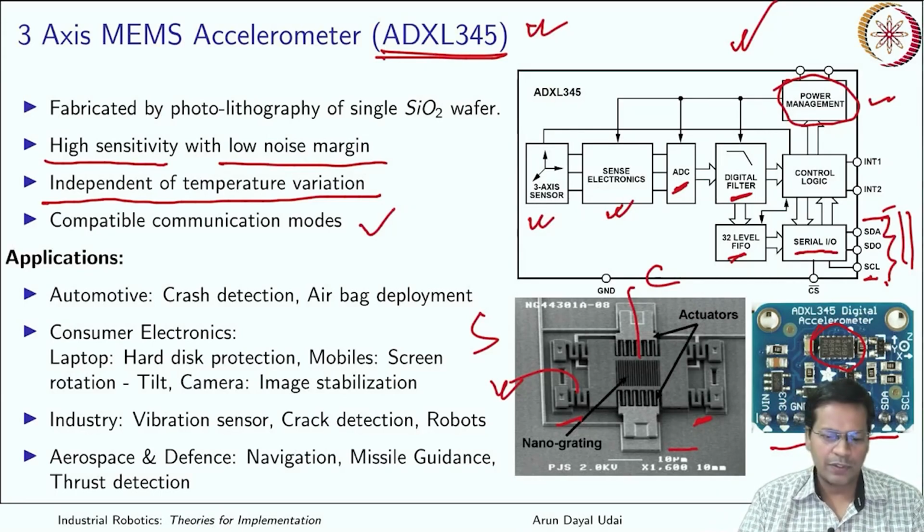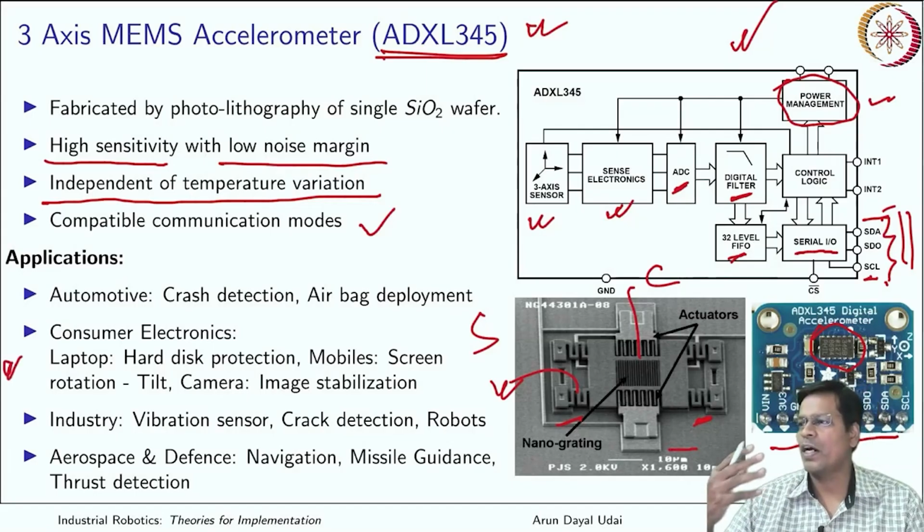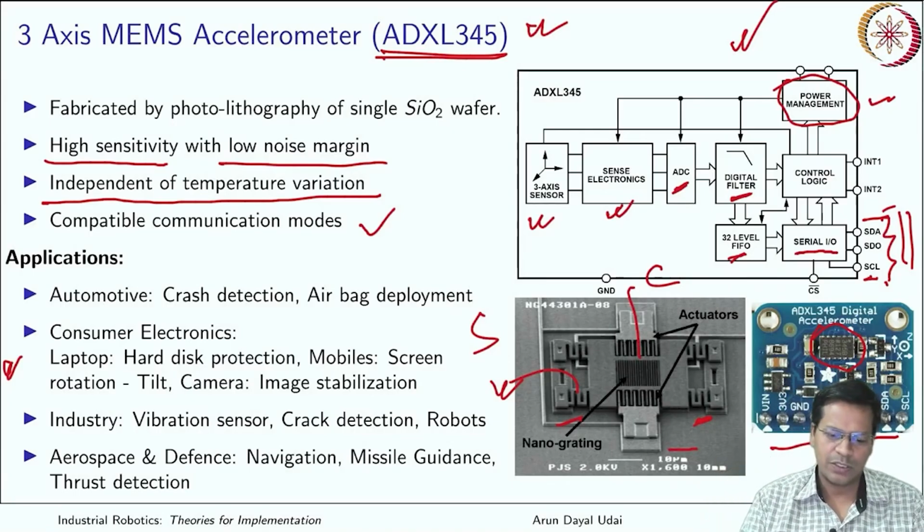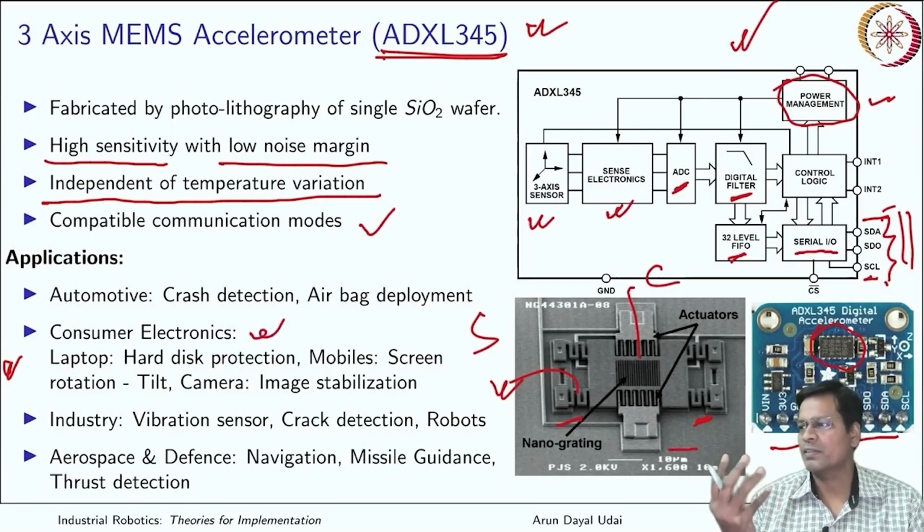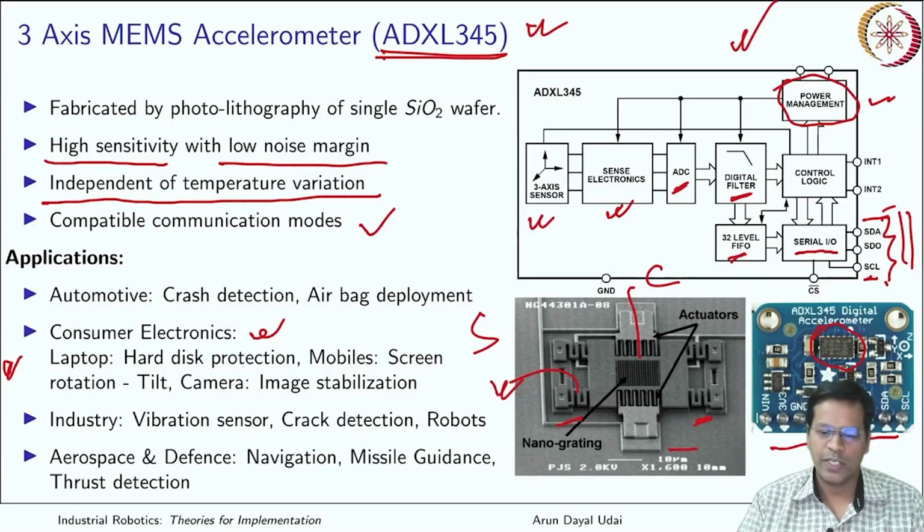Consumer electronics like hard disk crash detection, like if your hard disk slips off from your hand, it has an automatic feature that it will park its heads. Those were the days when there was only hard disk with sectors, cylinders, moving heads and those kinds of things. So the hard disk is safe that way.